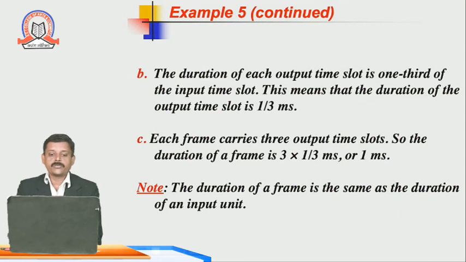So the duration of the frame is 3 into 1/3 millisecond, that is nothing but 1 millisecond. We have to keep one note in mind: the duration of the frame is the same as the duration of the input unit.